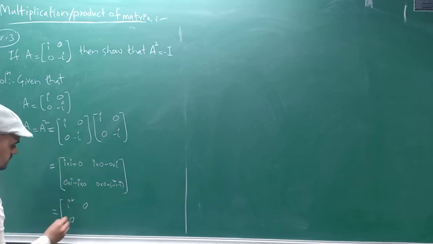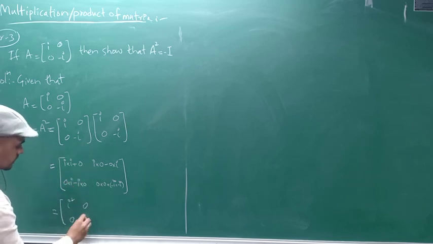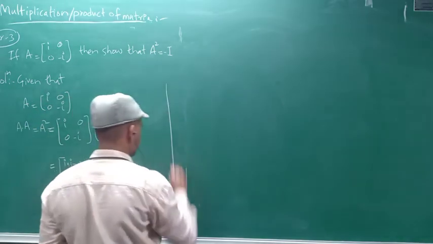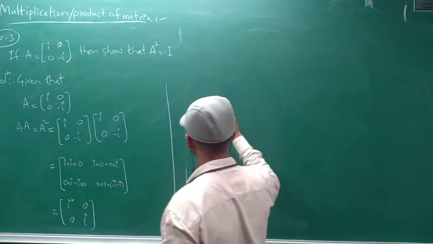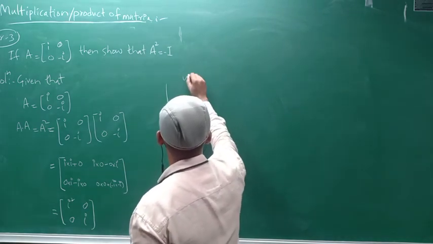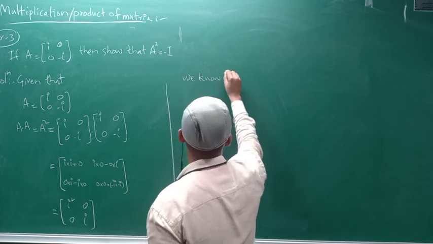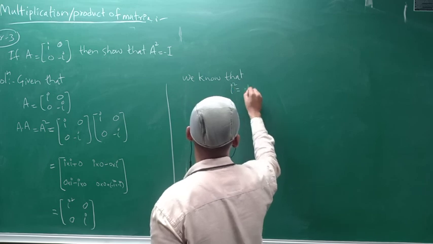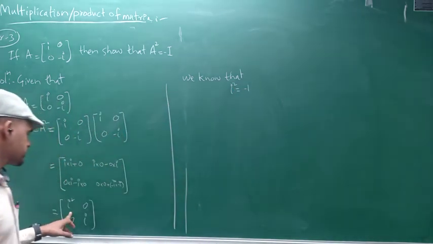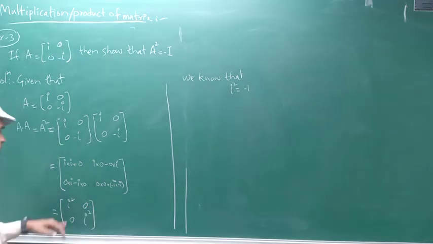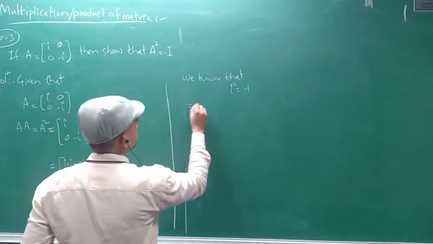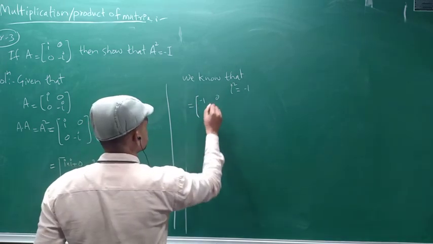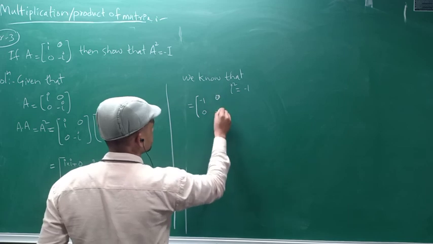And we know that i square is equal to minus 1. So in the place of i square I can put minus 1: minus 1, 0, 0, minus 1.